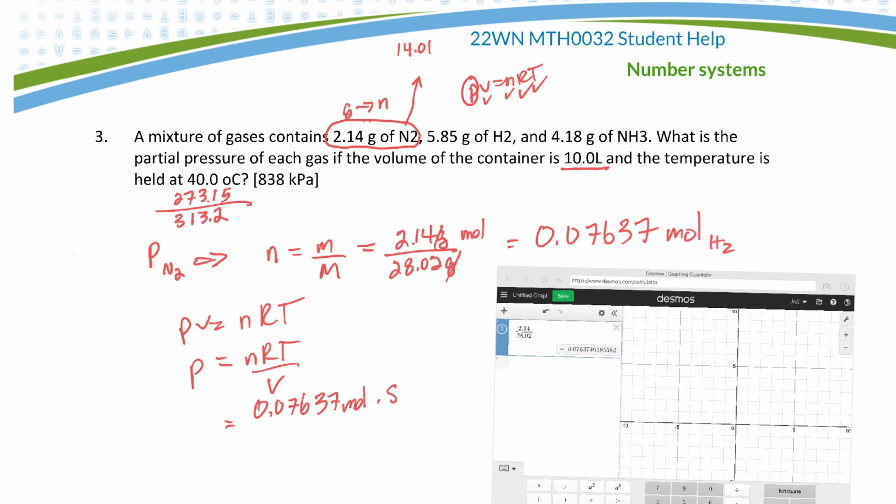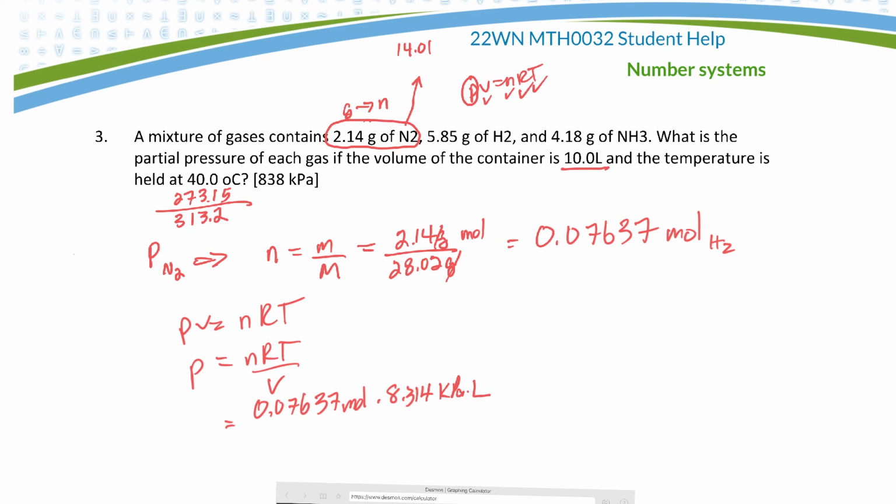My R value is 8.314 kilopascal liters per Kelvin mole, times temperature, 313.2 Kelvin, divided by the volume, which is 10 liters. So my liters cancel, my moles cancel, Kelvins cancel. I'm left with kilopascals, which is a pressure, which is what I want.